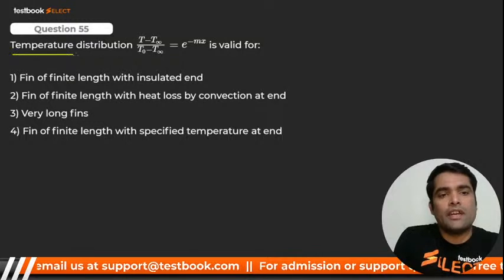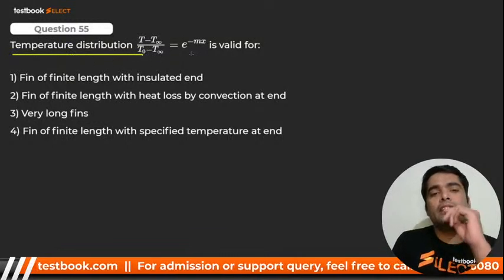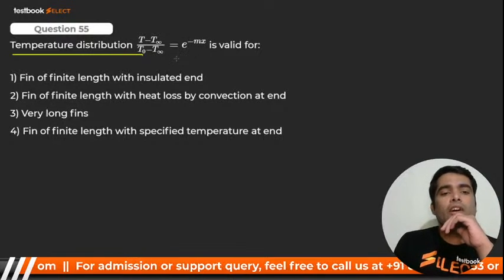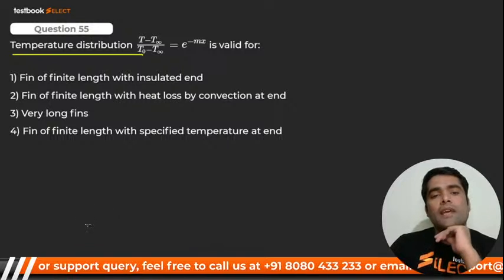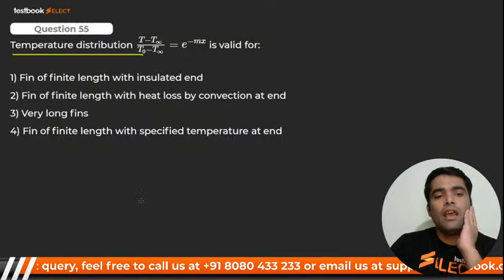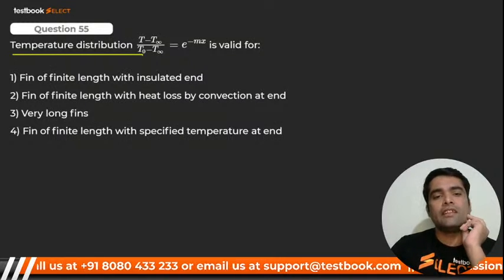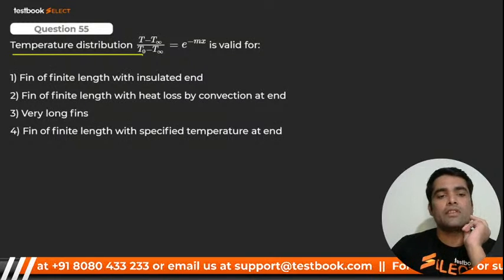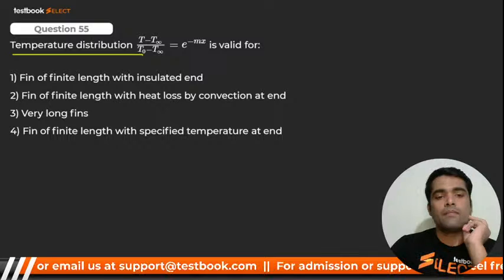Very good. Temperature distribution: T minus T infinity upon T naught minus T infinity. My dear, e raised to power minus mx. What is this? Fin of finite length with insulated tip, heat loss by convection at the tip, and very long fin, and what? That is fin of finite length with specified temperature at the end. Is correct. Be fast. Yes, it is none other than, what is this?